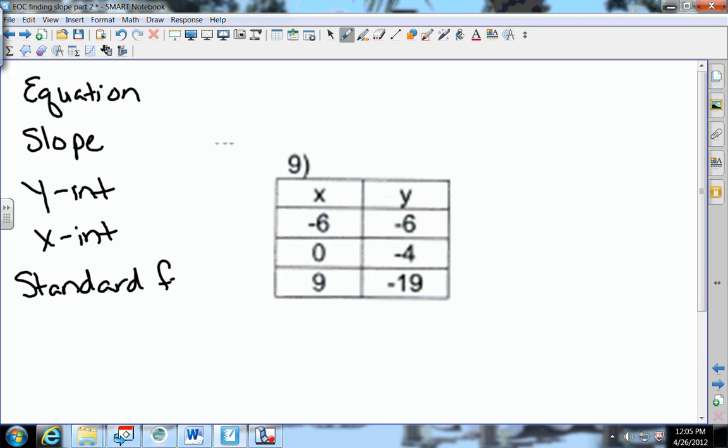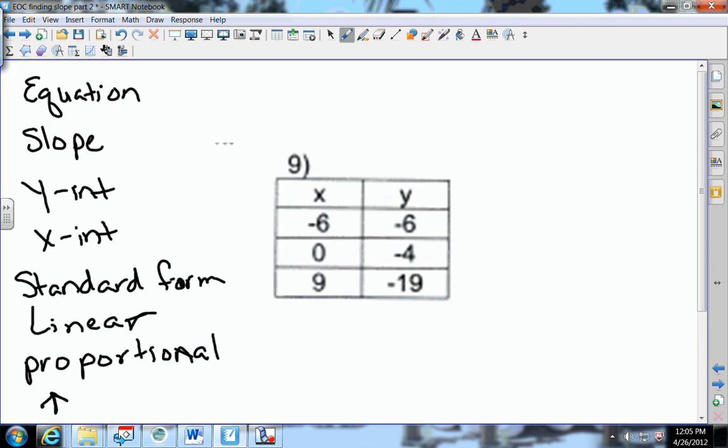I want you to tell me if it is linear and if it is proportional. And if the line is increasing or decreasing. Please do that now.